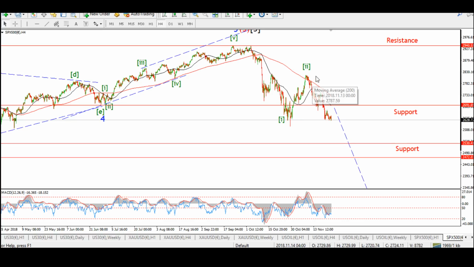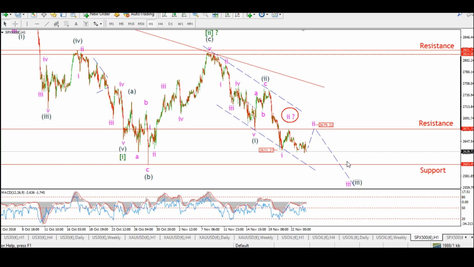Off the recent wave 2 high, we were looking for further declines. We got the further declines, and now we're sitting at a lower degree second wave, which has not completed just yet, which is quite like the Dow in that sense.